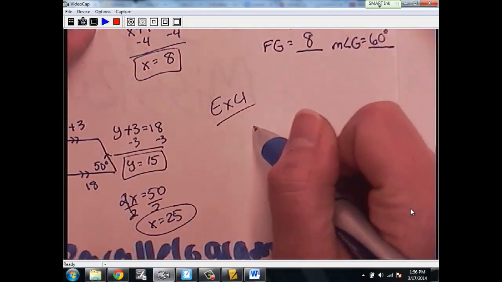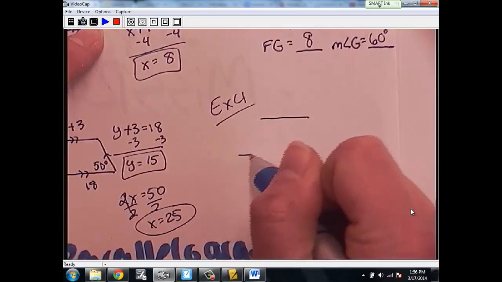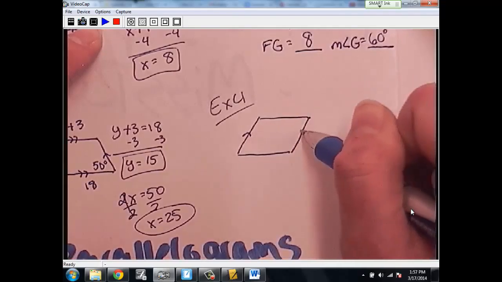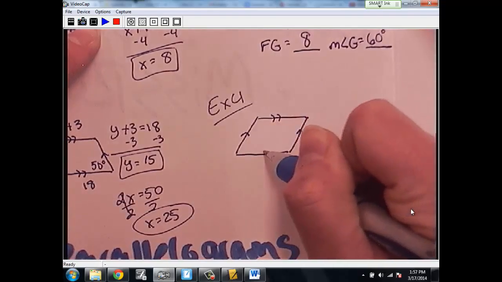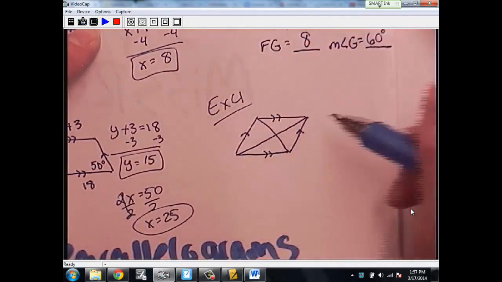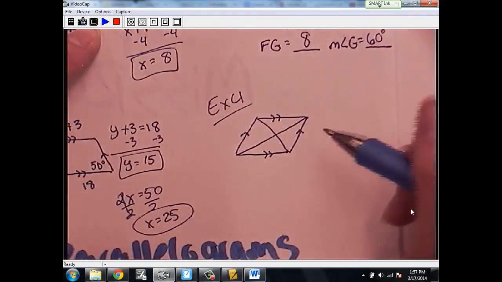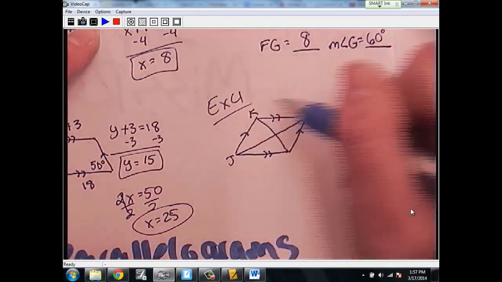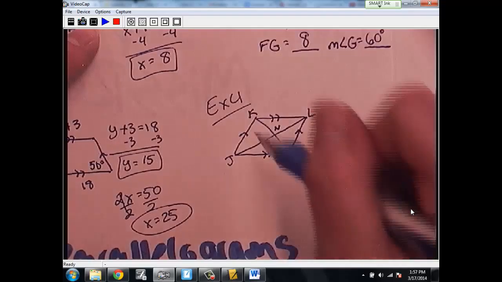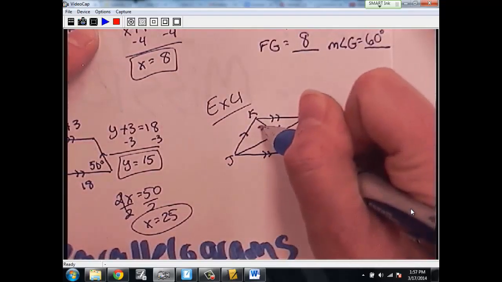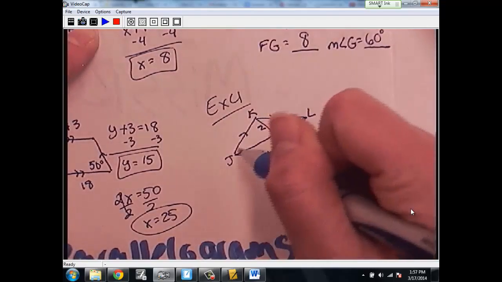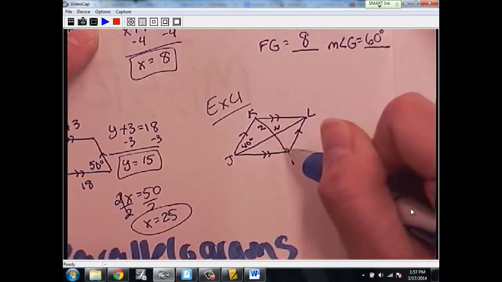We've got a parallelogram. The bigger you draw this one, the better off you're going to be. We've got diagonals in this one. We have J, K, L, M, and N in the center here. This is 2. This is 40 degrees.